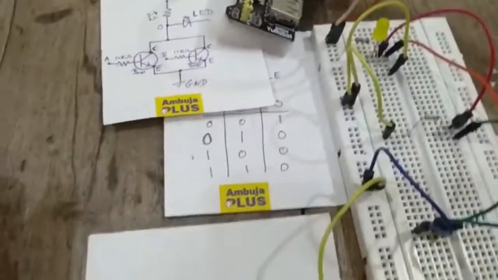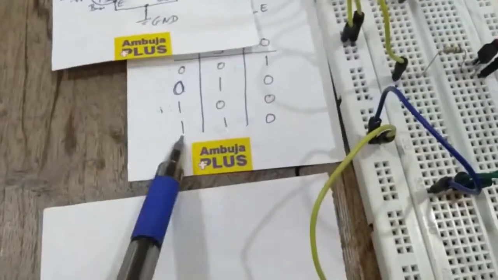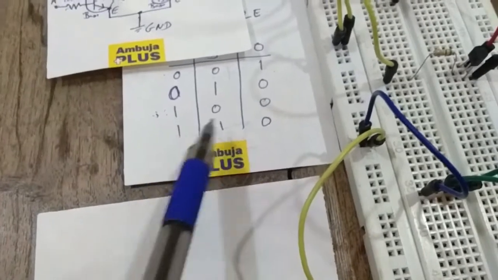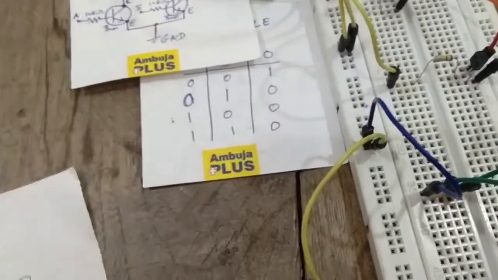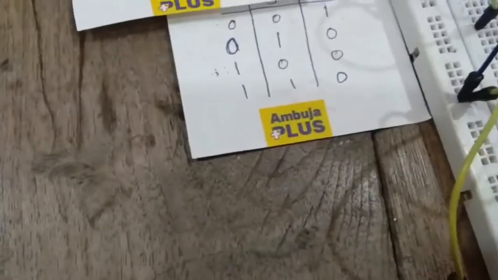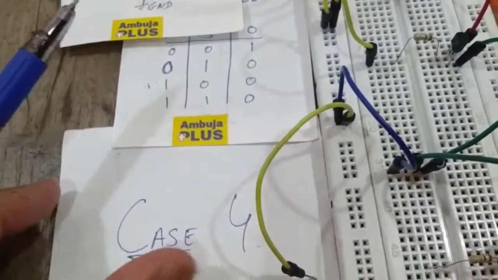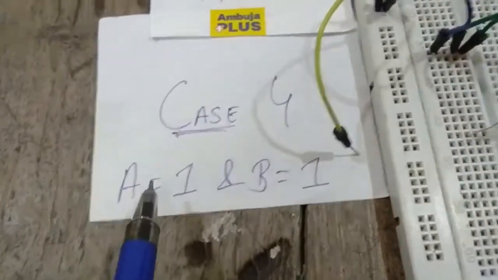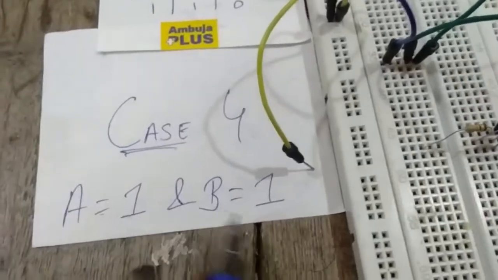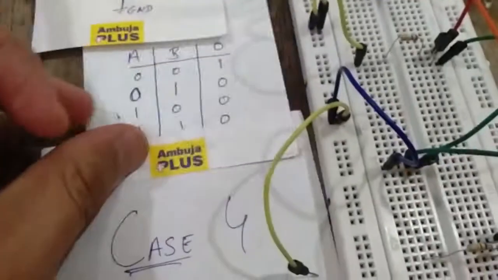And now the final case we have is when inputs A and B both are 1, the output should be 0. So here A and B both are 1. First I will explain the working of the circuit.